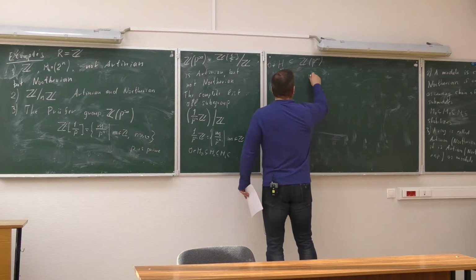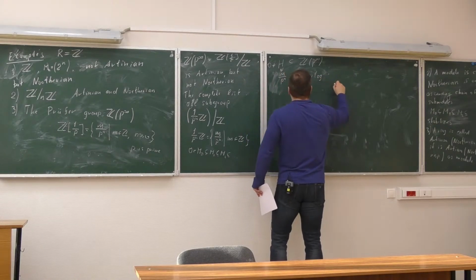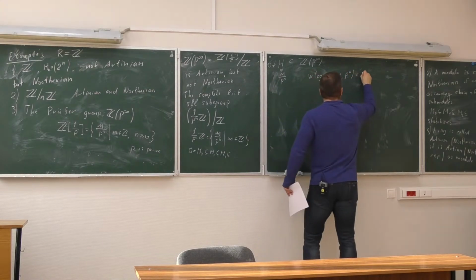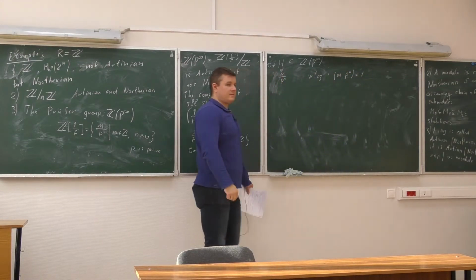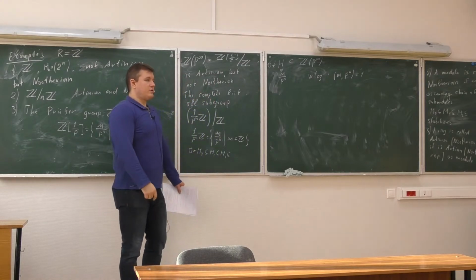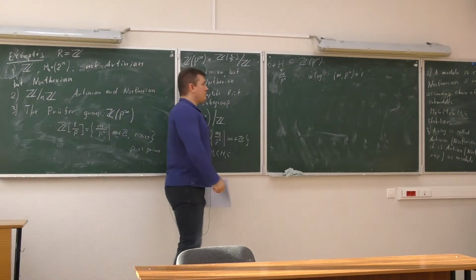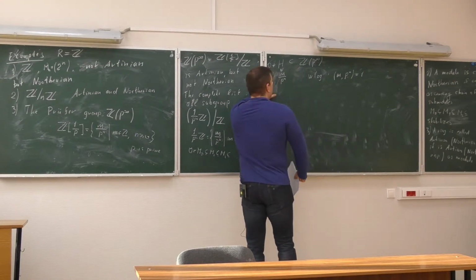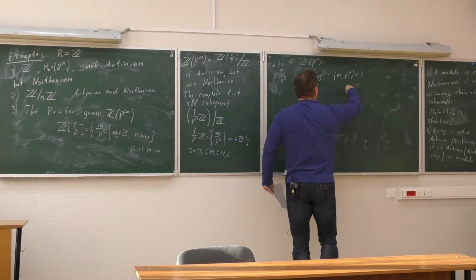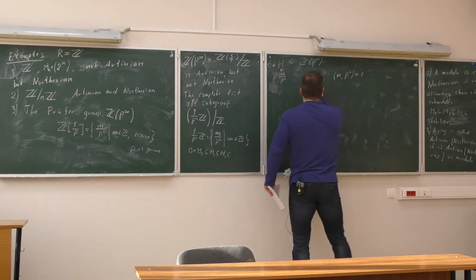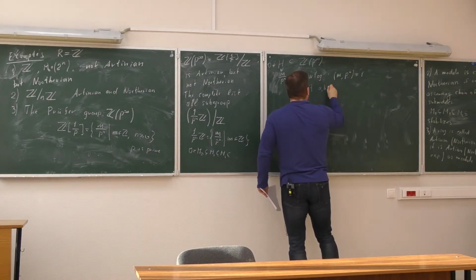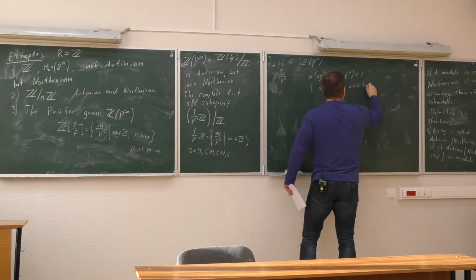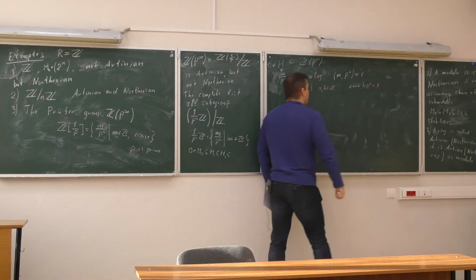Without loss of generality, I can assume that m and p^n are relatively prime, right? Otherwise I do the cancellation and get this. So this is not really a strong assumption. You can always do this. If this is true, then we know that there are, say, a and b, two integers, such that am plus b p^n is equal to 1.